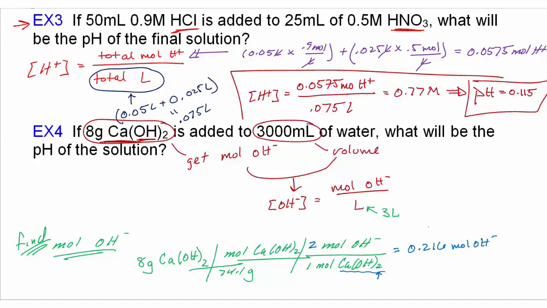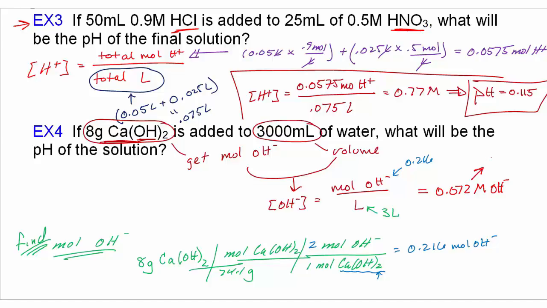So that number we're going to put up top. Okay. So that 0.216 over 3, about 0.072, 0.072 molar hydroxide. Okay, let's take the log of it. We'll have pOH, subtract it from 14, and we'll have pH.